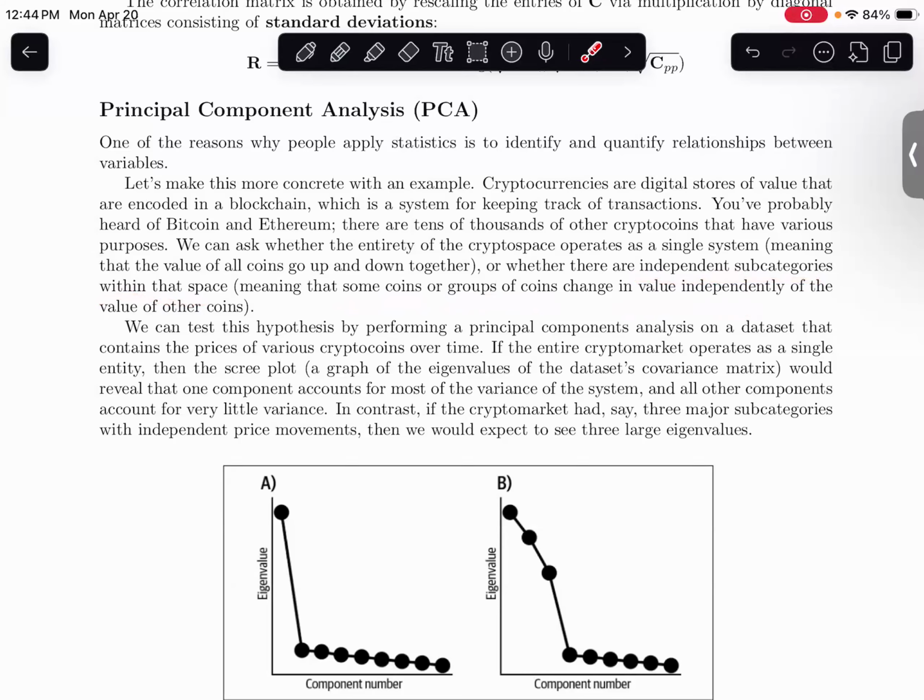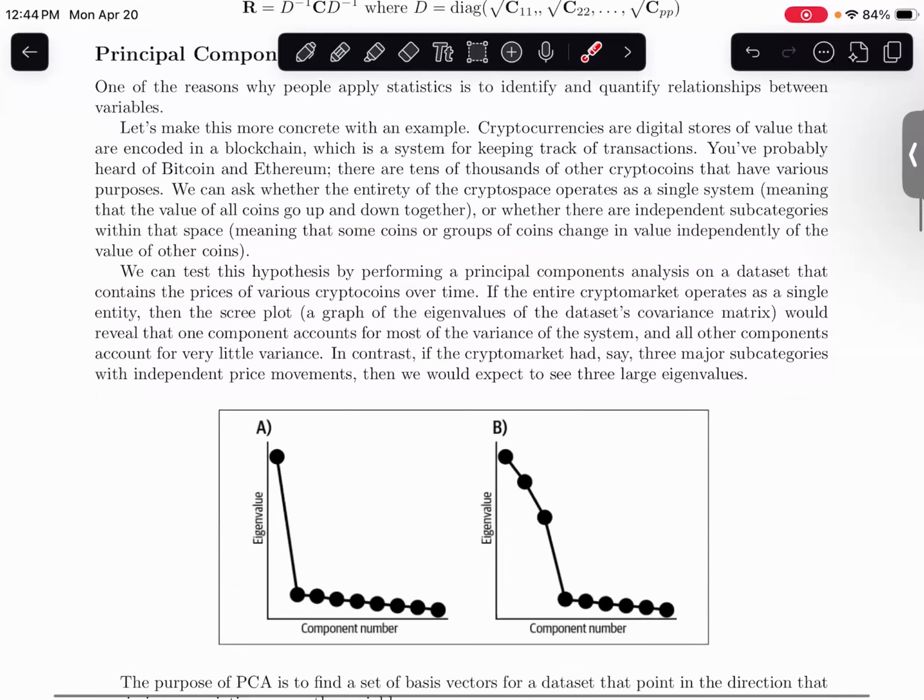You would imagine that Bitcoin probably has the most influence on the value of other coins, so it would have a significant contribution to the component.